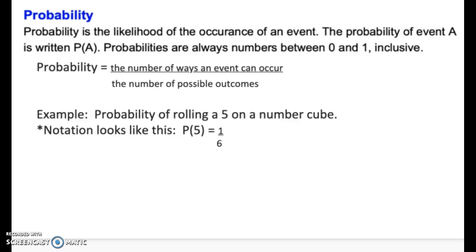That reads the probability of rolling a 5 is equal to 1 because there's only one way you can roll a 5. There's only one 5 on a number cube. Over 6 because there are 6 different faces of the number cube that it could land on. So the probability of rolling a 5 on a number cube is equal to 1/6.